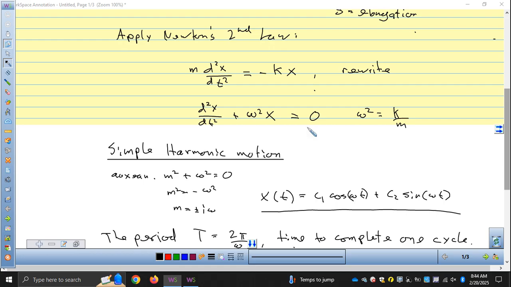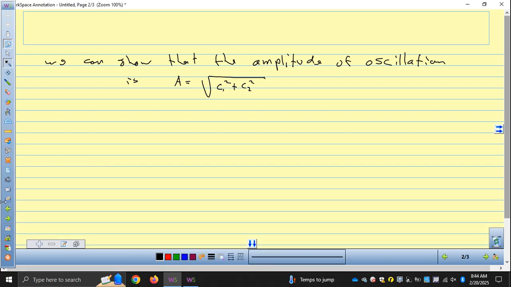Well, now we're going to add a little bit more reality to this. We're going to talk about damped motion. So damped motion means there's some kind of force acting against the motion, some kind of friction, some kind of something.